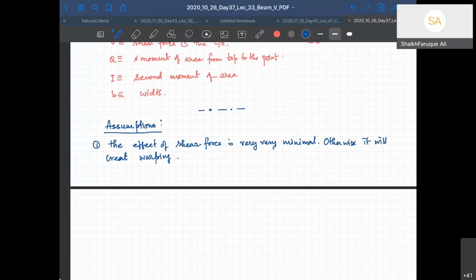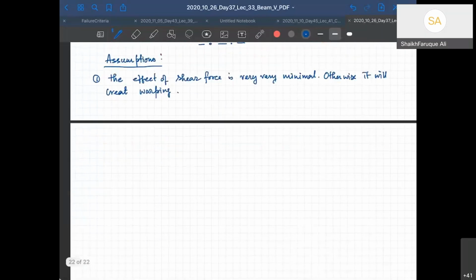So how does the shear stress distribution happen? The second thing we learned is that the shear stress distribution over the width is uniform. What does it mean?